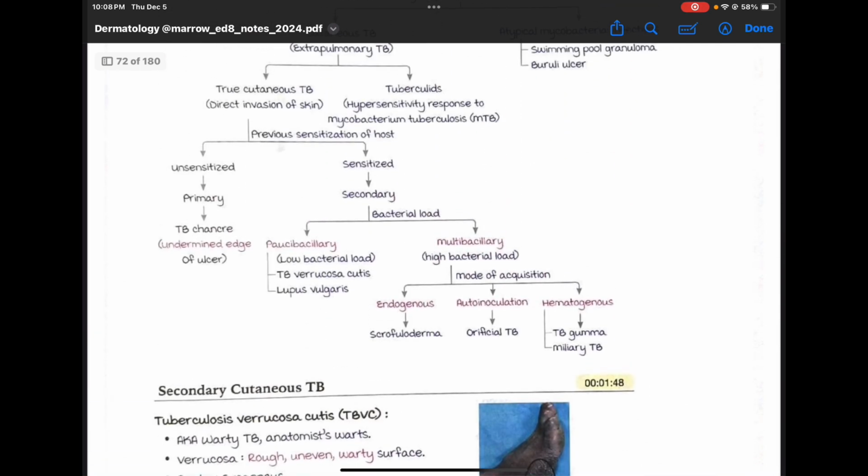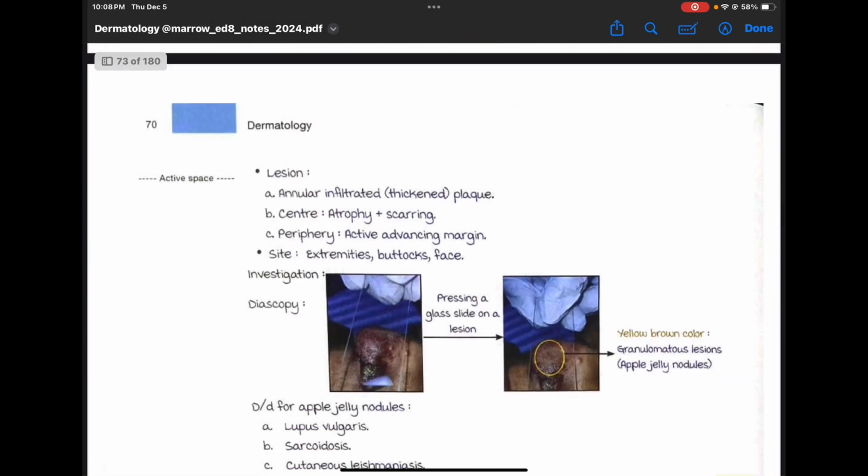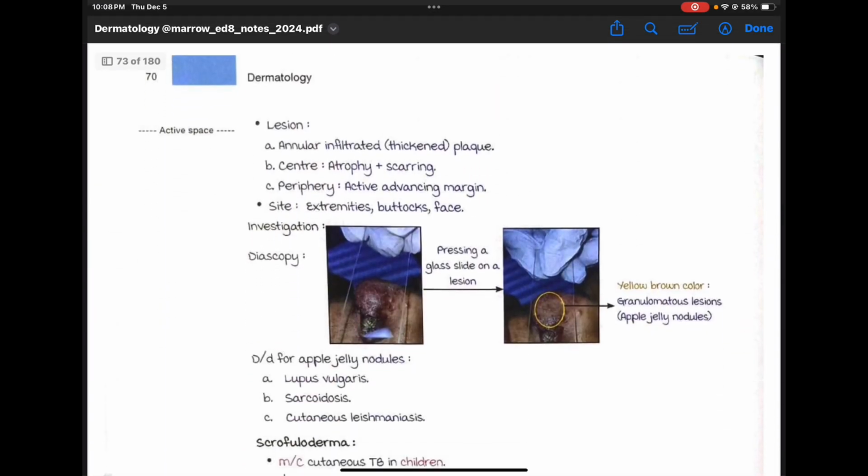Here you can see again bacterial load less, you have TB verrucosa cutis and lupus vulgaris. Lesion in lupus vulgaris are annular infiltrated plaque, central atrophy and scarring, periphery advancing margins active, site extremities, buttocks, face.